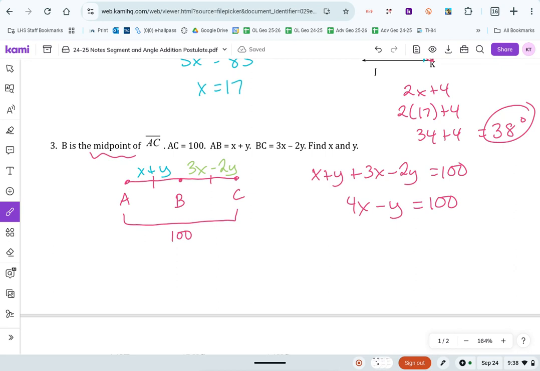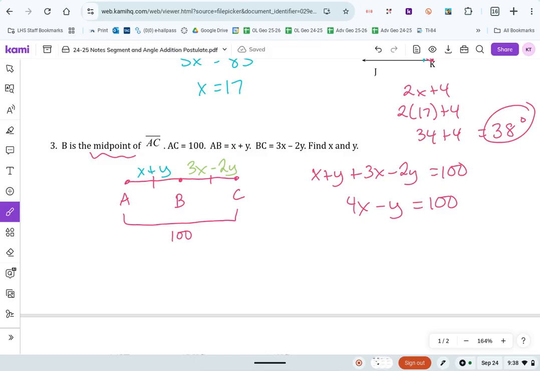But then we're stuck, right? We can't keep solving that equation because we have an x and a y. So in your head, when you see, oh, I have one equation with both an x and a y, that's cueing you that you're going to need to solve a system.